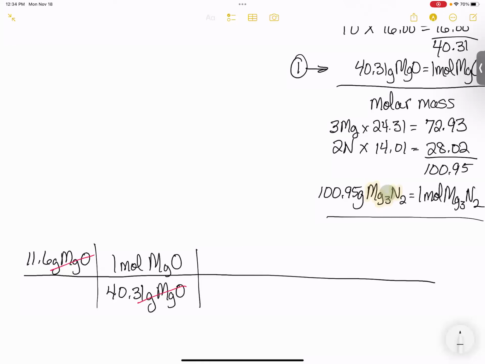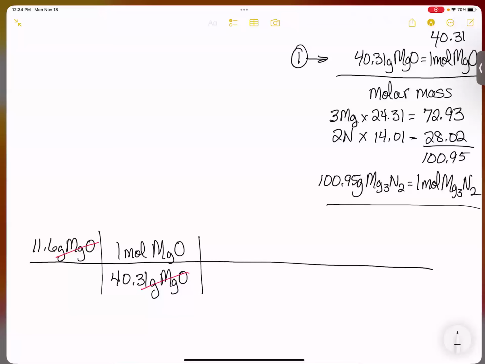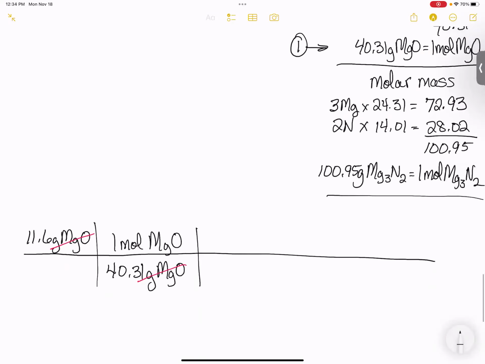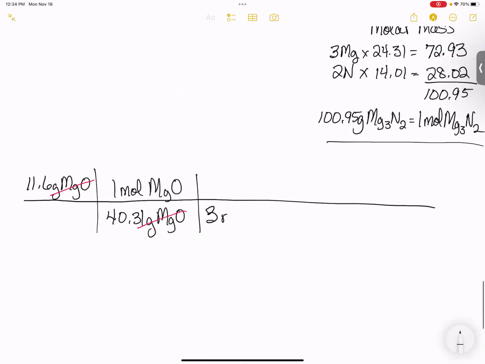So the conversion factor that has moles of magnesium oxide is my mole to mole ratio. 3 moles of magnesium oxide will go in the denominator, while 1 mole of magnesium nitride goes in the numerator.